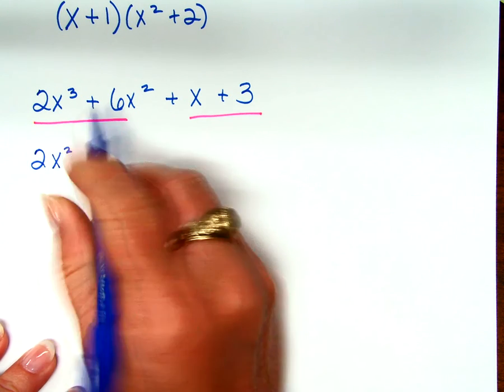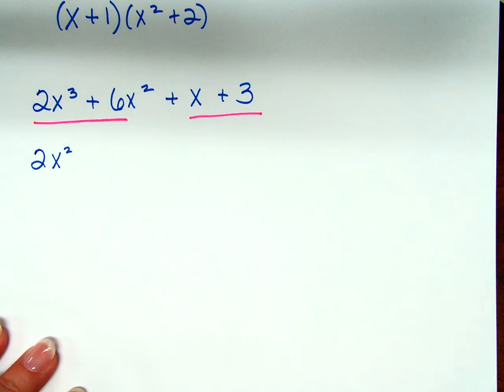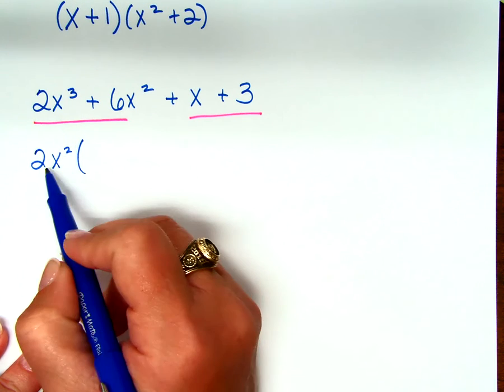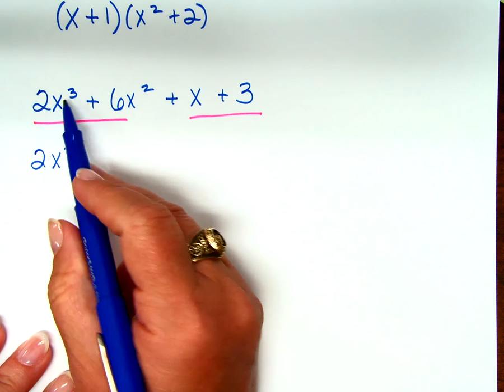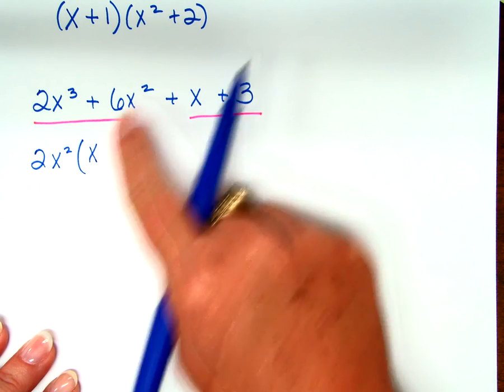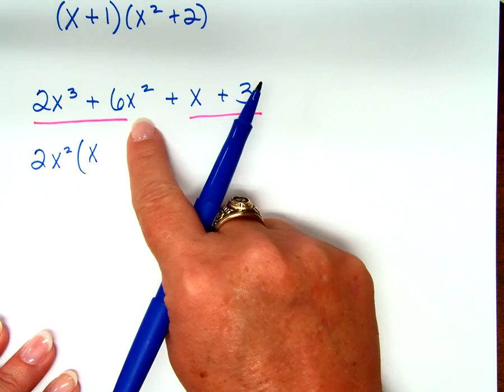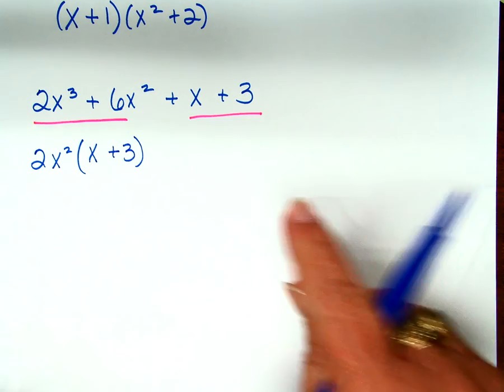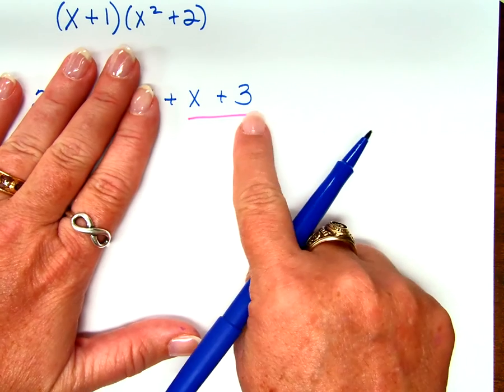And each of the exponents are both divisible by x squared. What's left if I divide the first term by 2x squared? Just x. What's left if I divide this term right here, the 6x squared, by 2x squared? Plus 3, right?